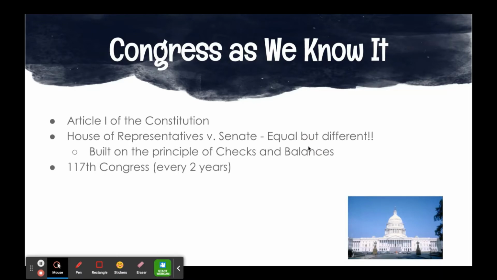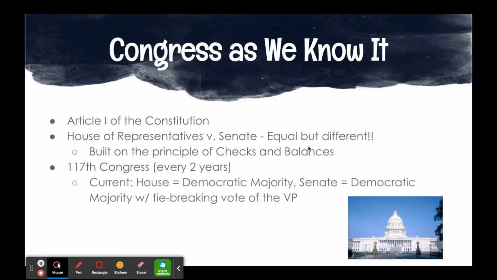Now, we are currently in the 117th Congress, and a new session takes place every 2 years. And usually we do see some shakeup in terms of the party that controls each chamber. In the 117th Congress, the House is currently composed of a Democratic majority, meaning there are more Democrats than Republicans.